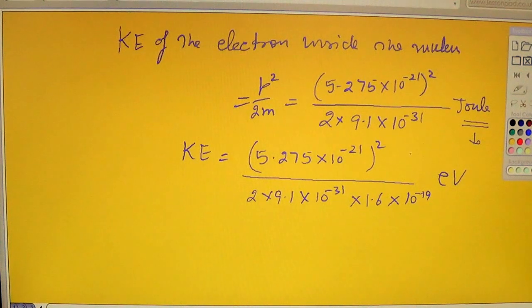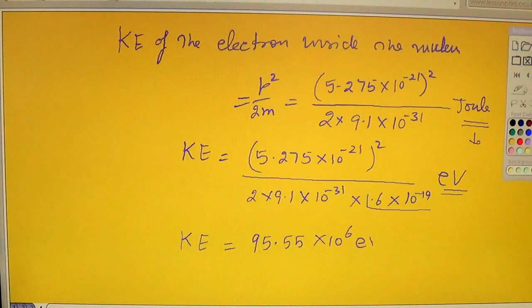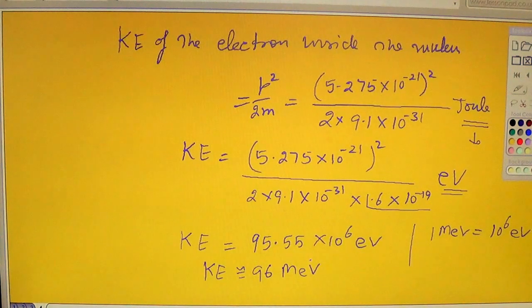After simplification we get 95.55 into 10 raised to the power 6 electron volt, and you know that 1 mega electron volt is equal to 10 raised to the power 6 electron volt. So we get a kinetic energy of approximately 96 mega electron volt.